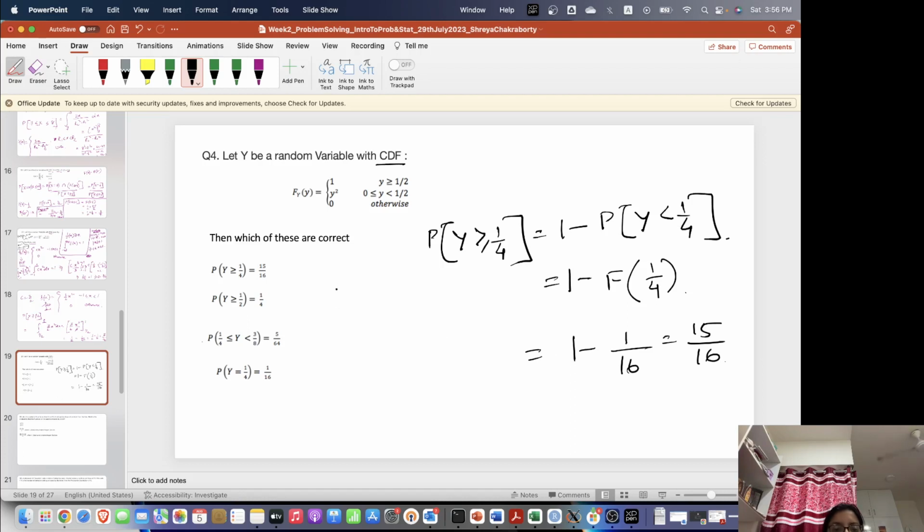Then here they are asking the probability y greater than or equal to half.